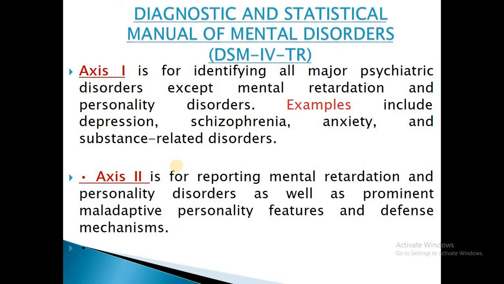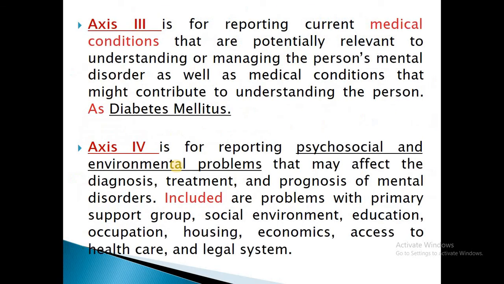Axis 2 is for reporting mental retardation and diagnosing personality disorder, as well as prominent maladaptive personality features and defense mechanisms.